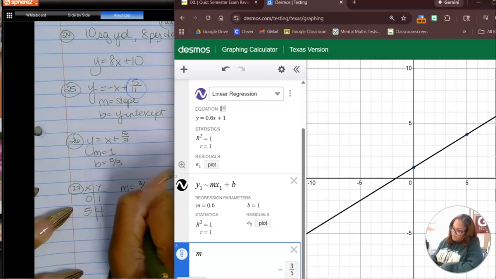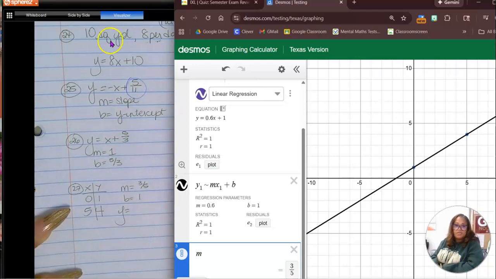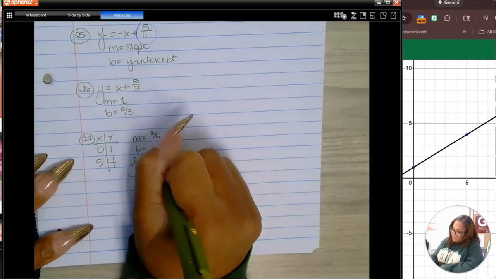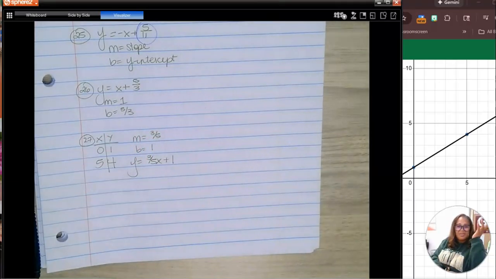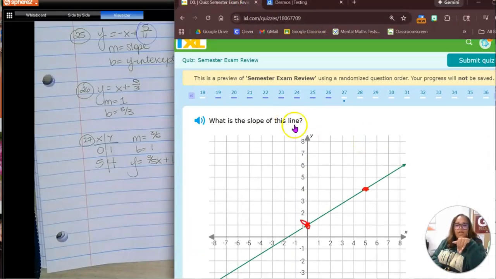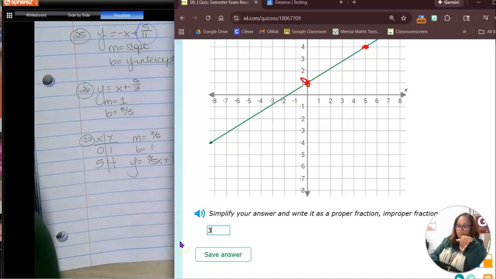And my y-intercept is 1. So my equation is y equals 3/5 x plus 1, but I think it only wanted the slope. I'm just going above and beyond. Yep, it wanted the slope. 3/5.